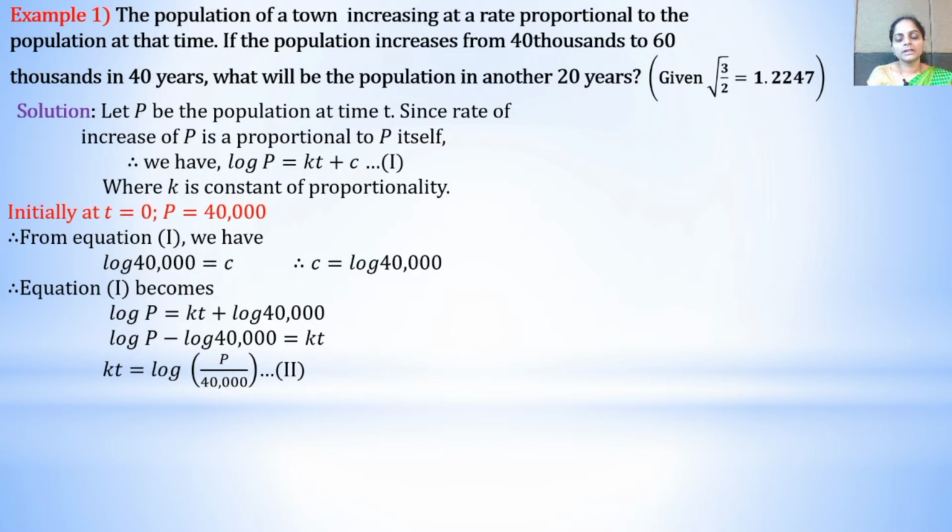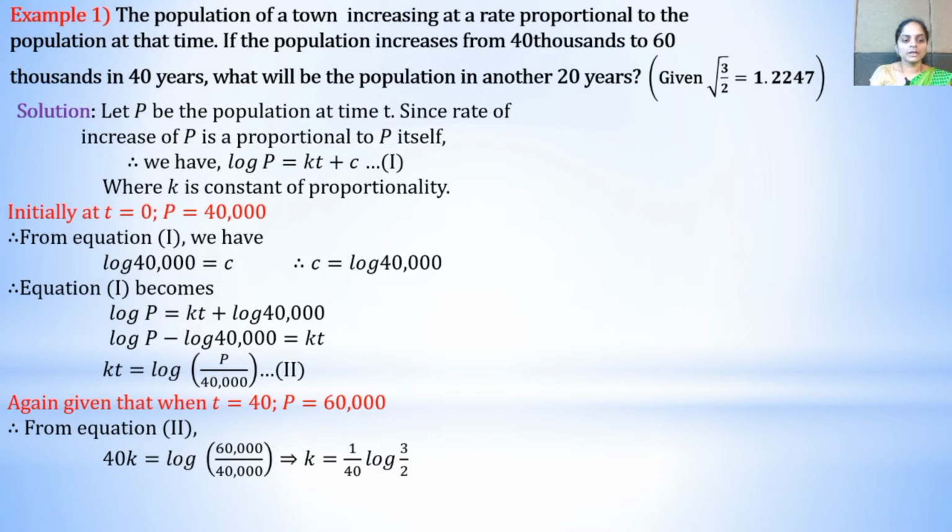It is given in the example that after 40 years the population becomes 60,000. So we take t equal to 40 and P equal to 60,000. Now we put the values of t and P in equation 2. So equation 2 becomes 40K is equal to log of 60,000 divided by 40,000.